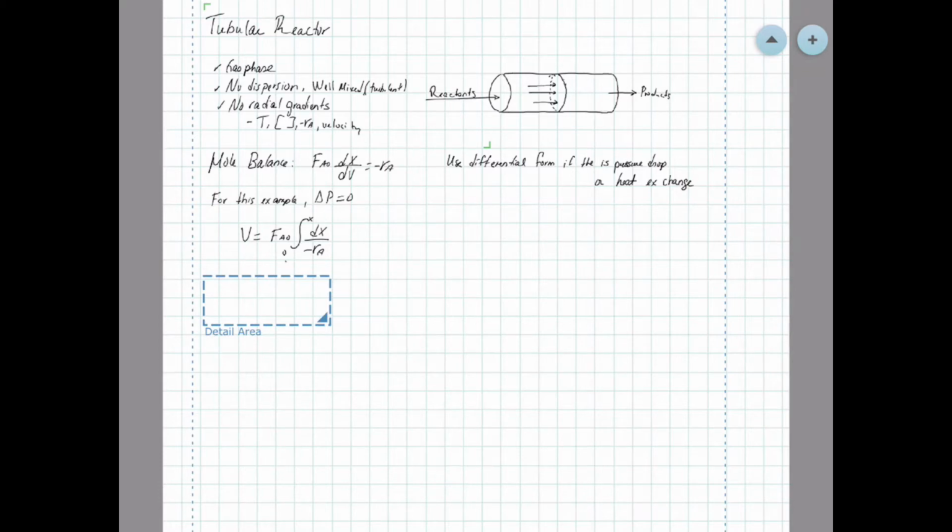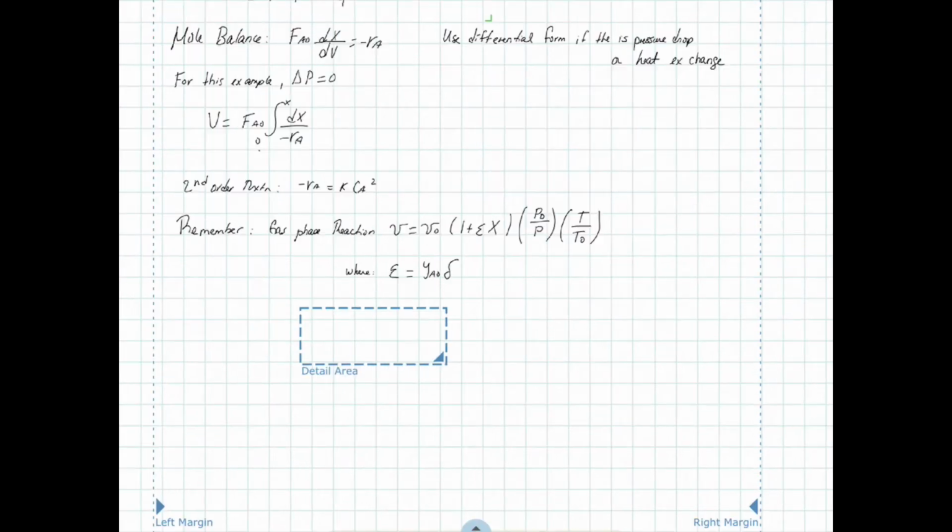Now let's consider a second order reaction. For a gas phase reaction, we can define the volumetric flow rate in terms of conversion, the pressure drop, and the change in temperature as follows.